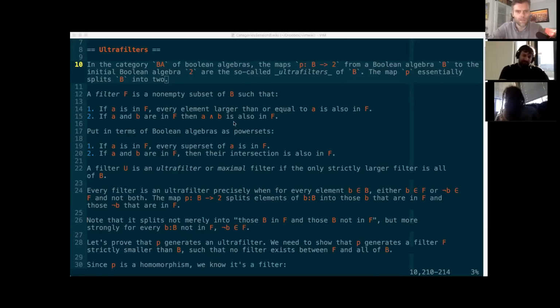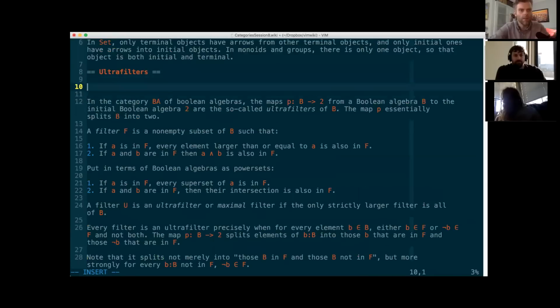So let's see. All right, so a Boolean algebra BA is a poset, B is a poset, right? With special elements 0 and 1, which are false and true, respectively.